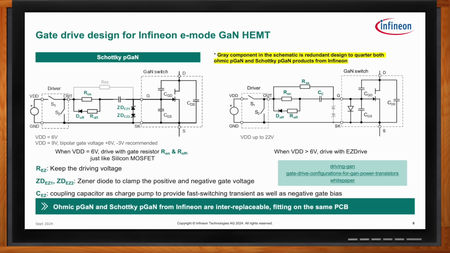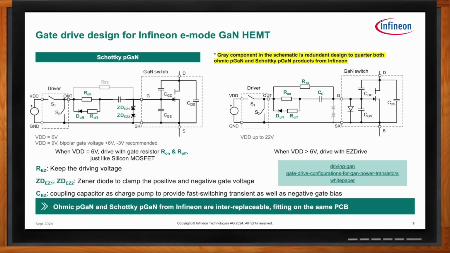In contrast, in the case of the GIT, these Zeners are shown in gray and would not be needed because the PN gate structure itself actually clamps the voltage, and there exist the series clamping diodes, as shown in the previous slides, to clamp the voltage in the negative direction. And so at Infineon, we call this circuit arrangement, which can be used for both the Schottky gate as well as the GIT gate, the EasyDrive circuit, which allows the use of the same PCB layout to drive both Schottky gate as well as the GIT GaN.